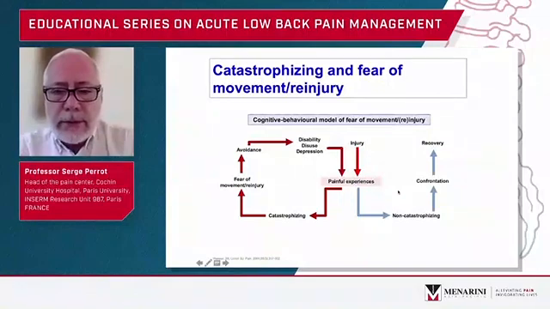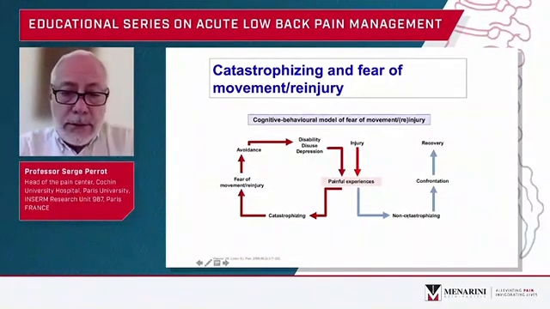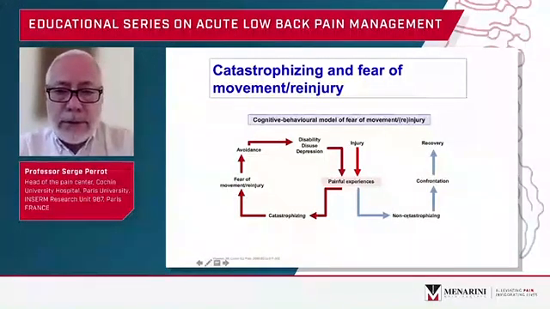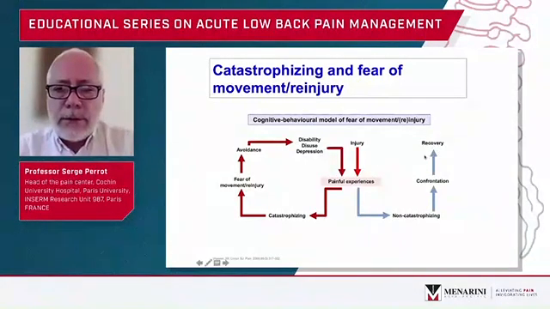And in the management, we should, after injury, treat the patient as soon as possible, as effectively as possible, to decrease the pain, to confront the pain with movement and activity, and then to help the patient to recover more quickly. So here it's very important to get very effective and very quickly effective treatments to help the patient to confront the movement and to go to recovery.